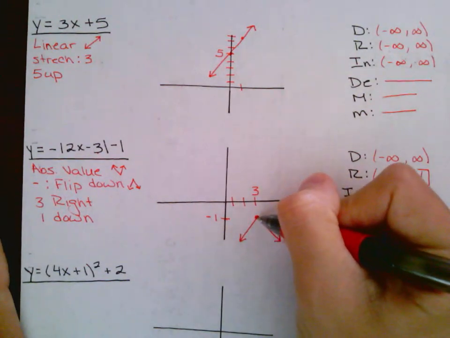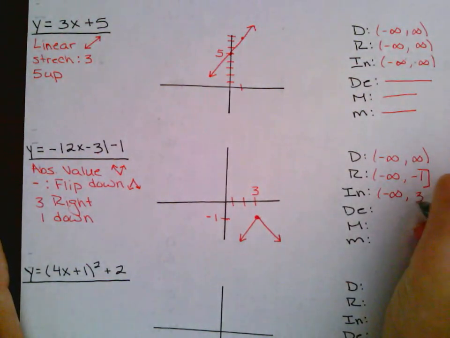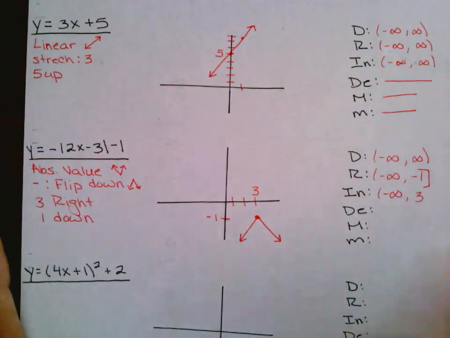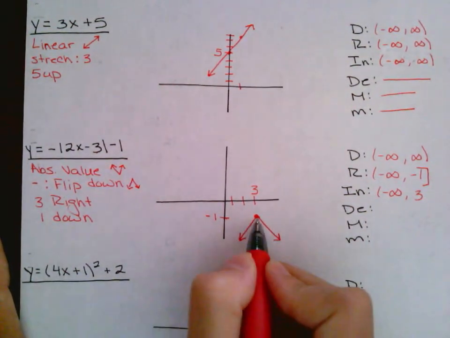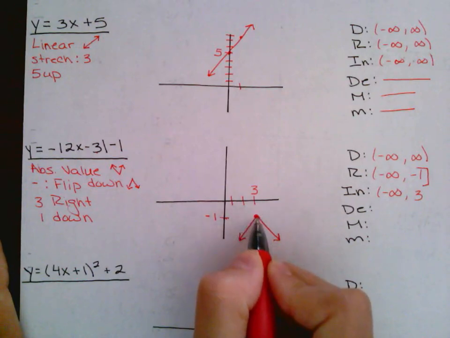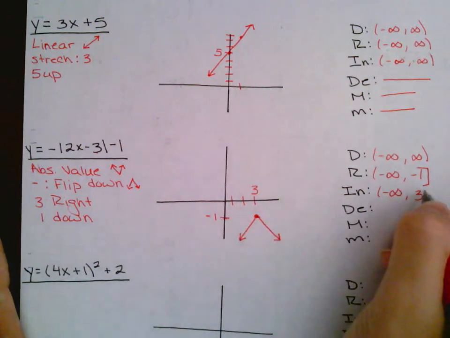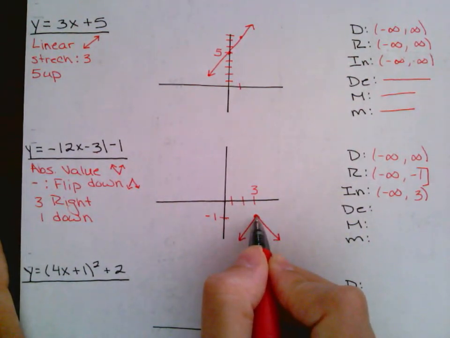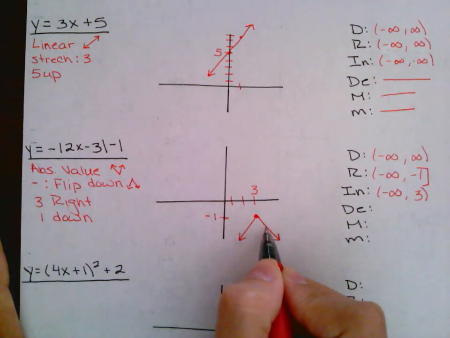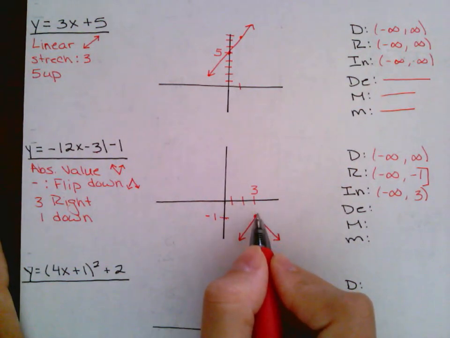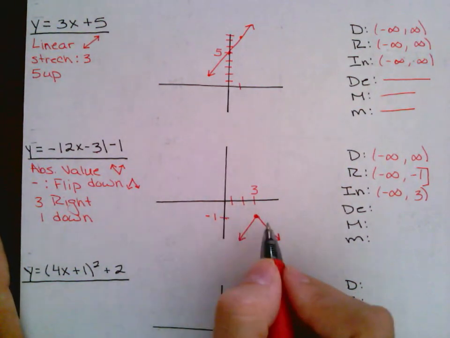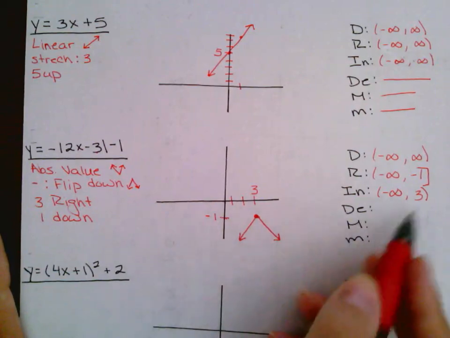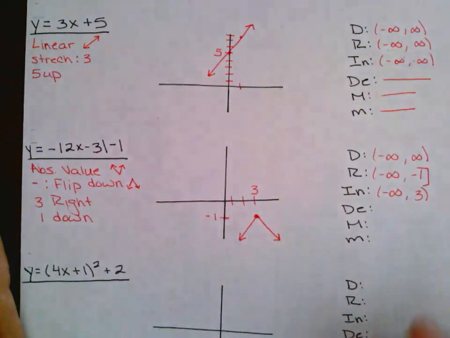So I went from negative infinity up until 3. Even though there's a dot, I'm not going to put a bracket because technically at 3, I'm not increasing. So I'm at 3, stopping increasing and changing to decreasing. So 3 is going to be my maximum, 3, comma, -1. So that does not count as increasing, which is why I put parentheses.